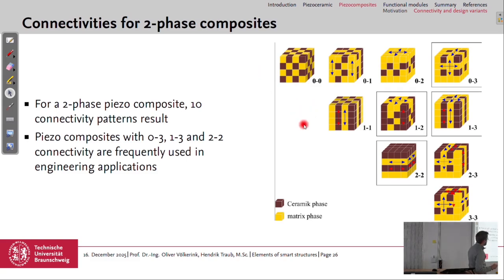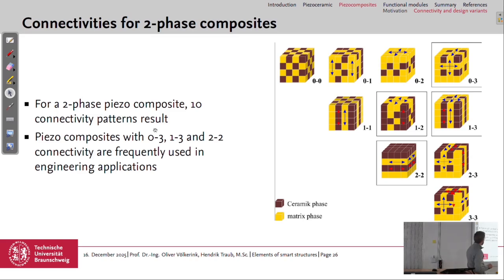We could have 1,1, so ceramic fibers with matrix fibers, or a 2,2 connectivity where we have a stack of films, so a film of ceramic and then a film of matrix and so on.